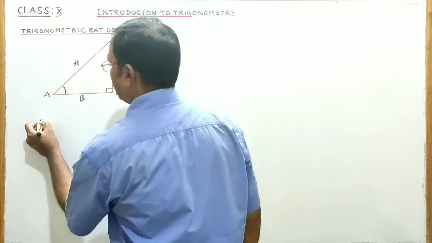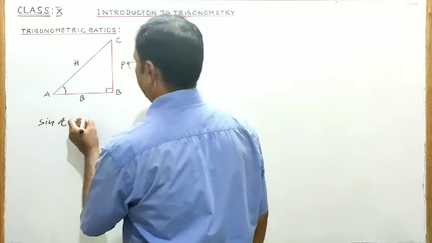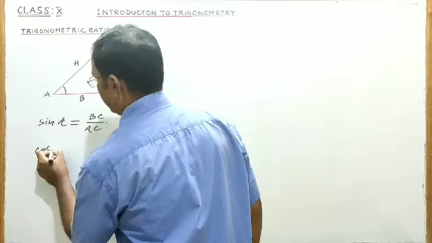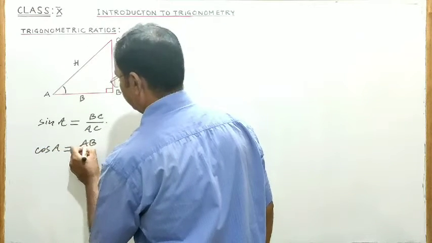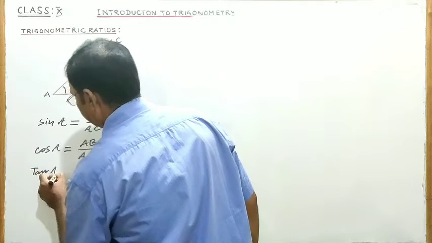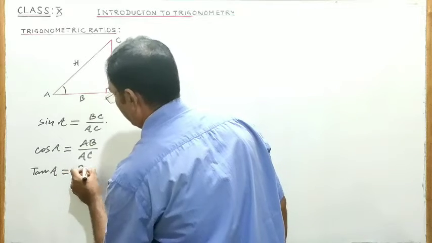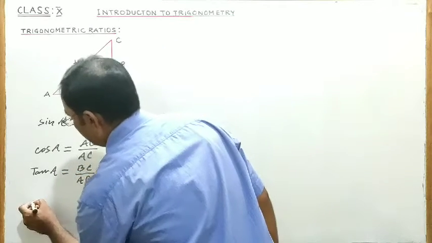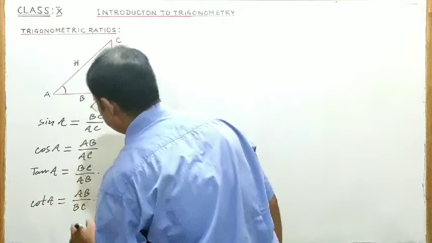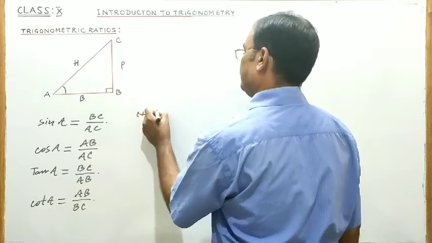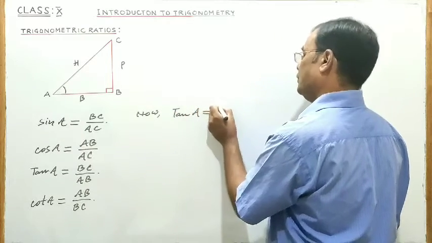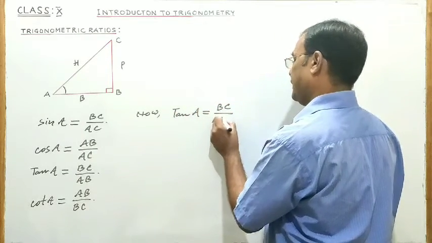So we have defined here sin A equal to BC by AC, cos A equal to AB by AC, tan A equal to BC by AB, and cot A equal to AB by BC. Now tan A is equal to BC by AB.